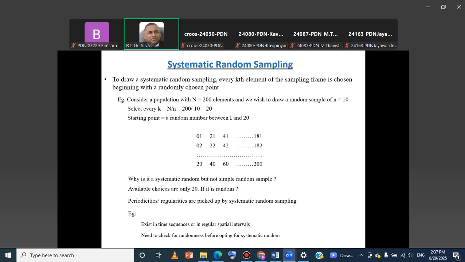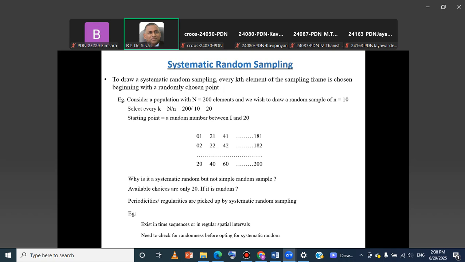When you cannot visit the entire land, when you cannot do a field survey covering the entire area, you go for sampling. When it is not possible to assess each and every item in the population, you take a sample.